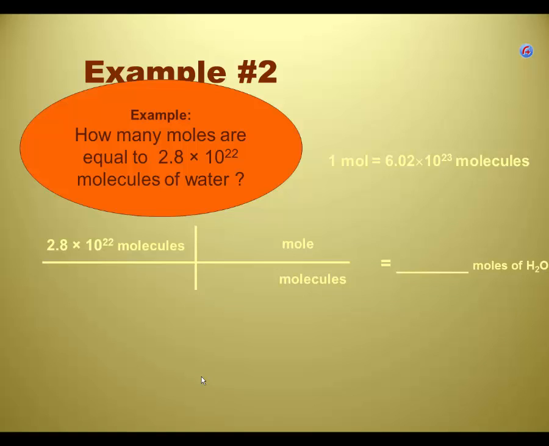We put molecules on the bottom and moles on top, because we want the molecules to cross out and we want to end up with moles at the end. We multiply 2.8 times 1. That does nothing. We divide by 6.02, and we have 10 to the 22nd divided by 10 to the 23rd. So we subtract exponents, and we get 0.0047 moles of H2O.